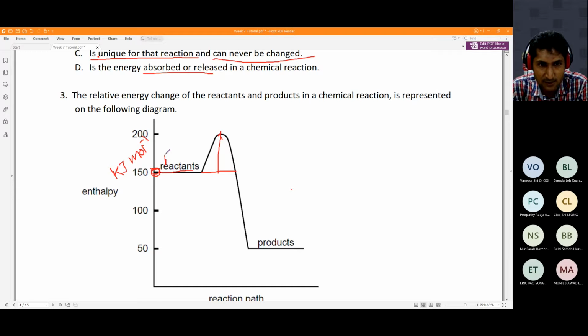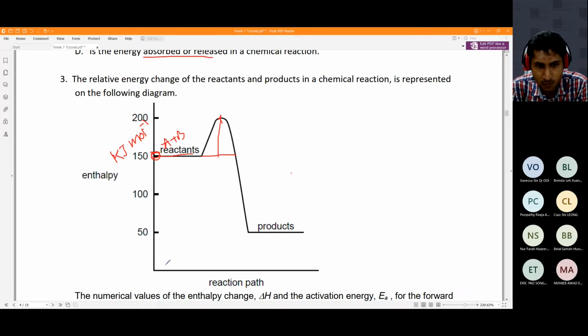We started A plus B, we mix, and then this is the reaction path. So 1 minute, 2 minutes, 3 minutes, and so on. In the first 3 minutes nothing changes.